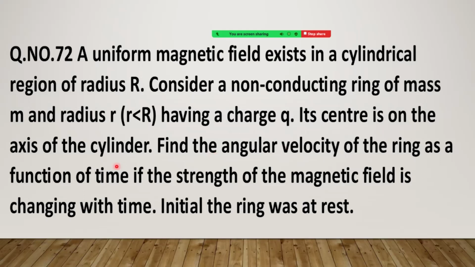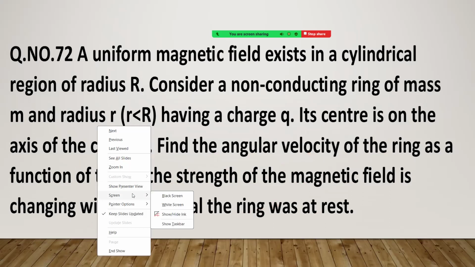Its center is on the axis of the cylinder. Find the angular velocity of the ring as a function of time if the strength of the magnetic field is changing with time. Initially, the ring was at rest. Okay, this is the question given. So we have to find the angular velocity of the ring.